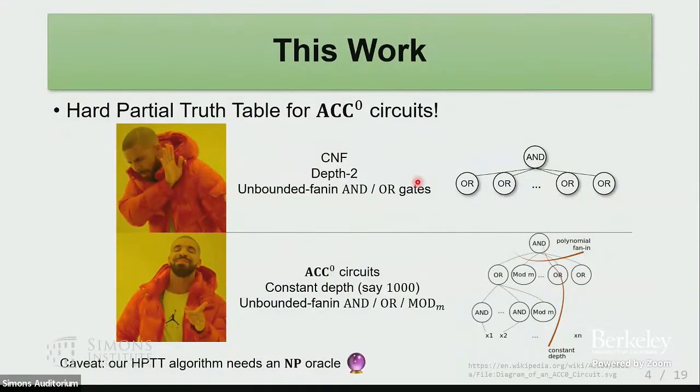In this work, we solve this problem for ACC0 circuits, but our algorithm needs an NP oracle. If you don't know what an ACC0 circuit is, then it's fine because you don't need it in this talk. But it's some circuit class that's much stronger than CNF, and it's in some sense a frontier class in current circuit lower bounds.